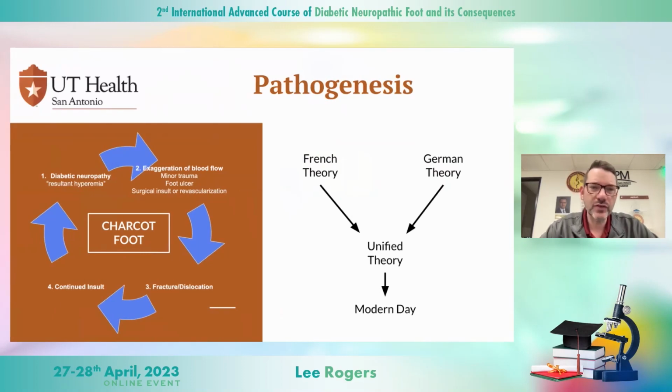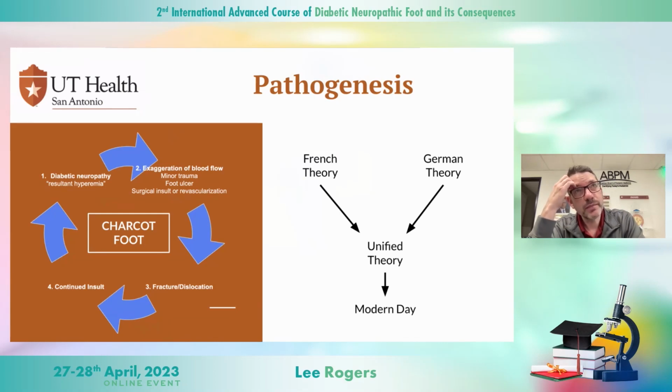When we think about the pathogenesis, let's focus on the orange box over here. Patients develop, number one, diabetic neuropathy, and then that leads to an exaggeration in blood flow that can be caused by minor trauma or foot ulceration or surgical insult or revascularization.